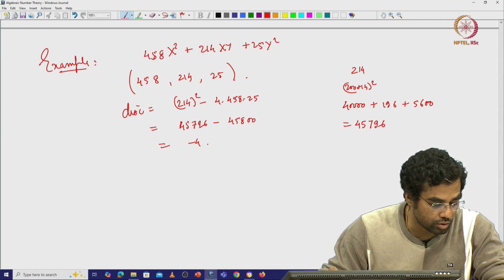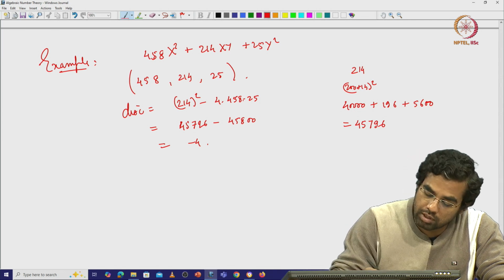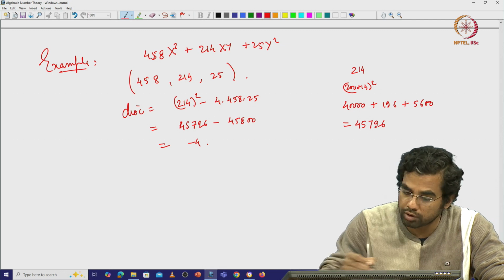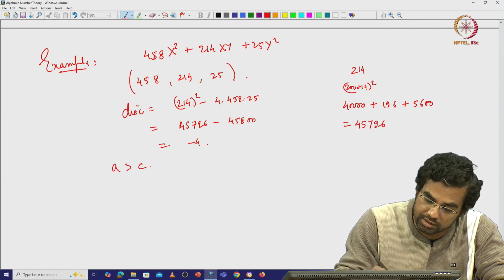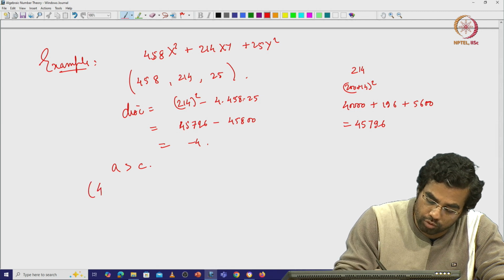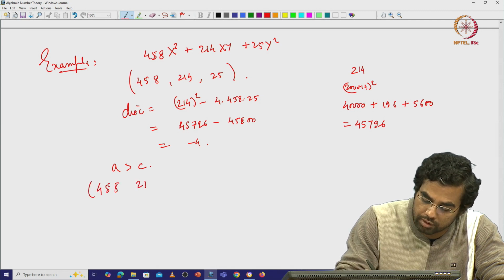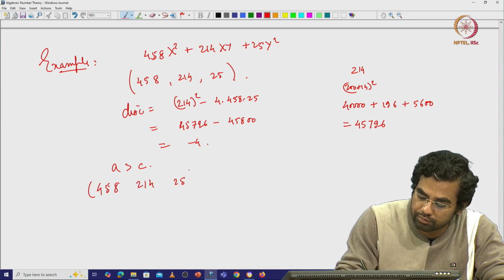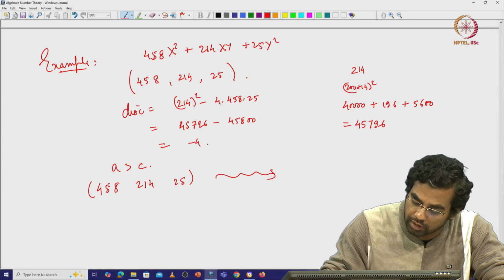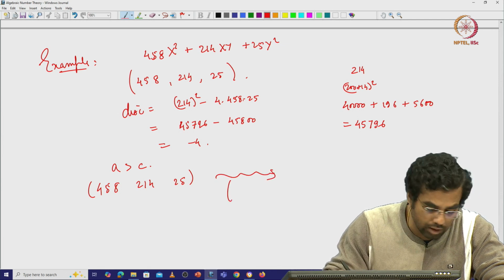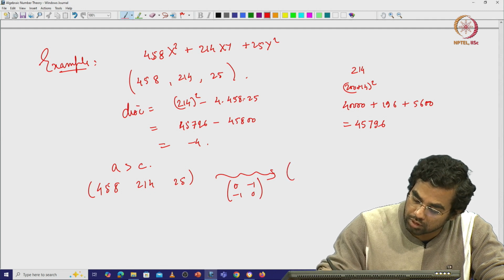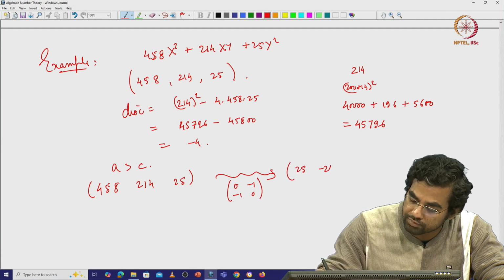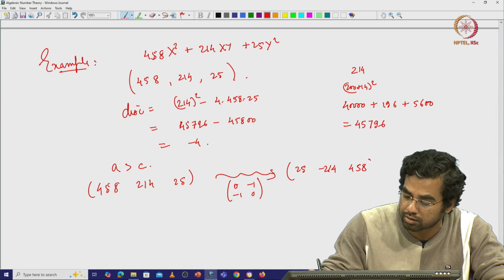Here a is bigger than c, so we replace this. So, 458, 214, 25 is equivalent, by using 0 minus 1, 1 0, to 25, minus 214, 458.